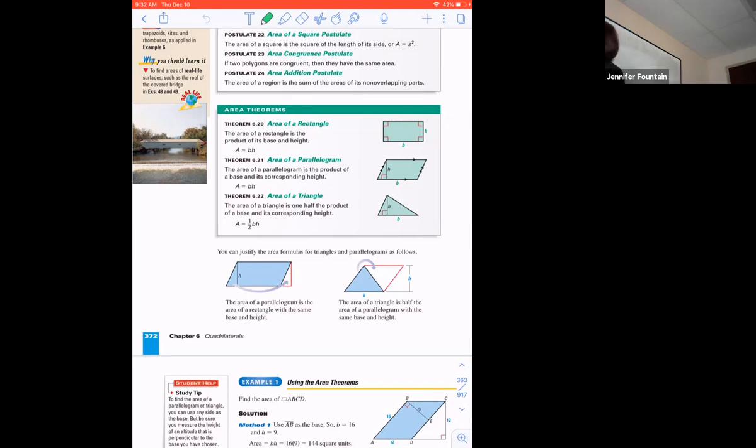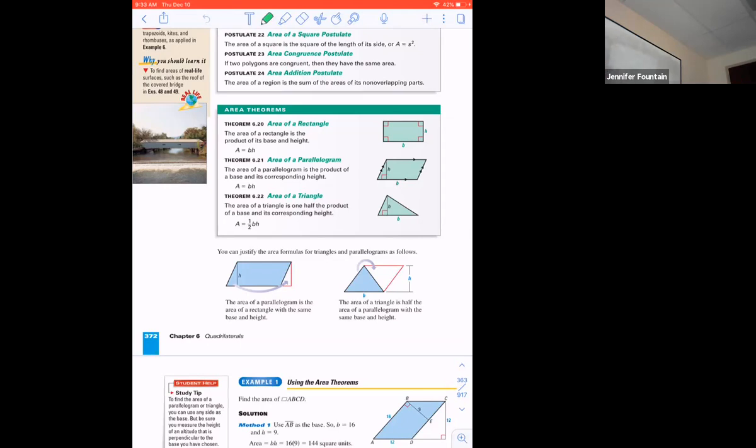What do I know about a triangle? What's my formula for a triangle? Area equals 1/2 base times height. Remember, when I see these all together, that means I multiply each of them. Remember that multiplying by 1/2 is the same as dividing by 2.